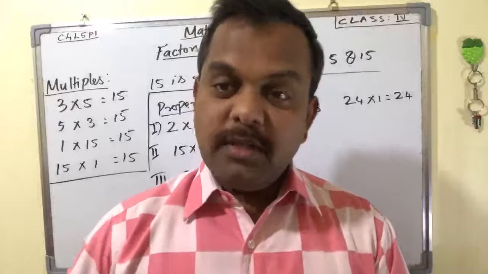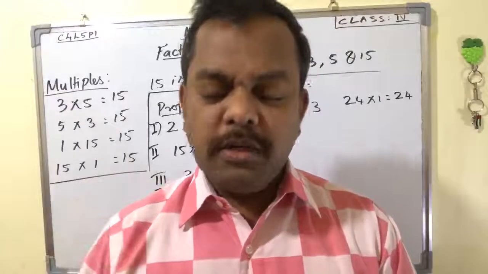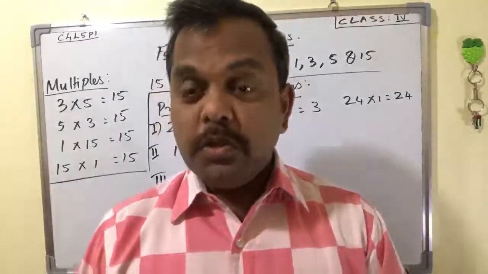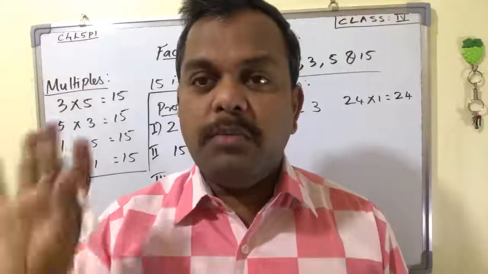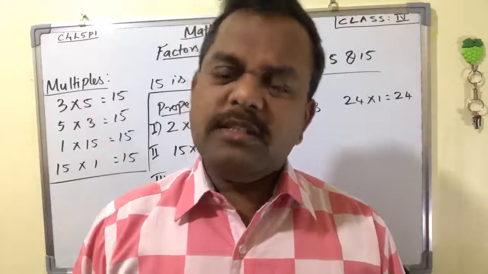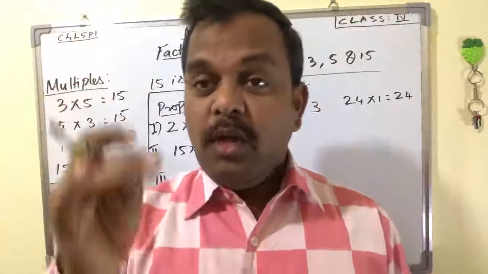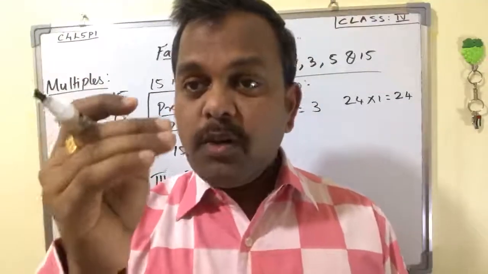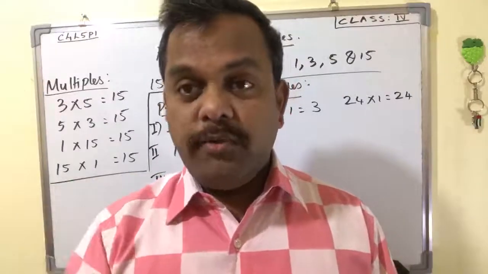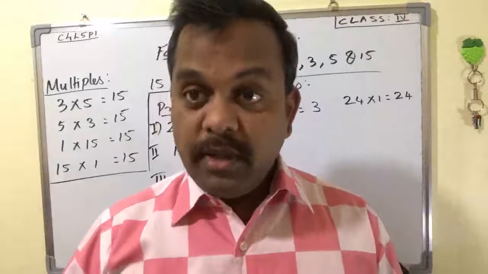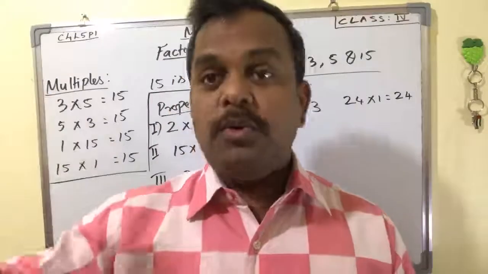Then 100 into 2, 1000 into 2, 1 lakh into 2. There is no limit for multiples. Usually we learn table 2 from 1 to 10, some students learn up to 15, but we can learn more than that also. It will go on.